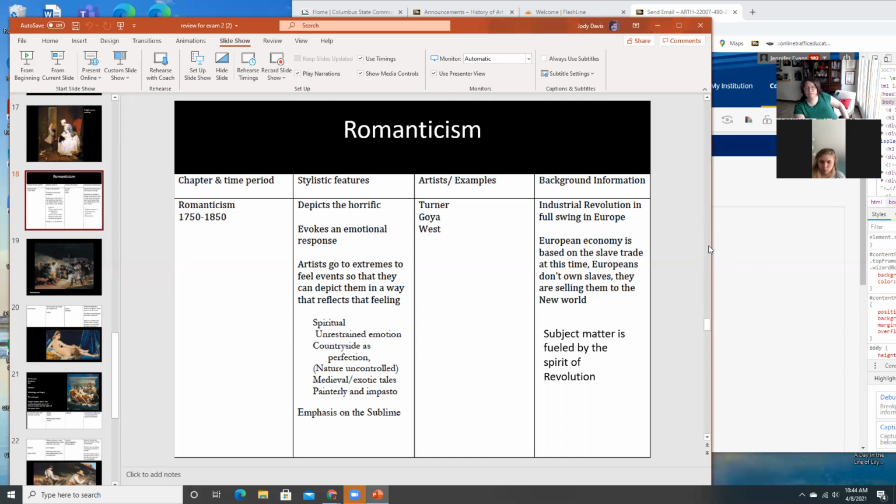Caitlin, do you remember what the sublime is? Can you sort of tell me? I think of it as like an otherworldly almost, something that can't quite be explained. Yeah, that's a good attribute of it. It definitely has an otherworldly feel.